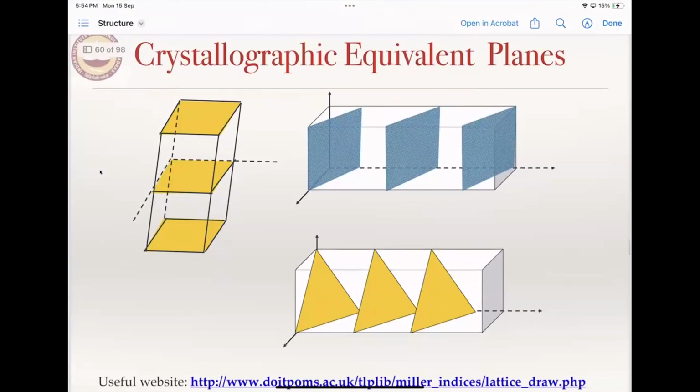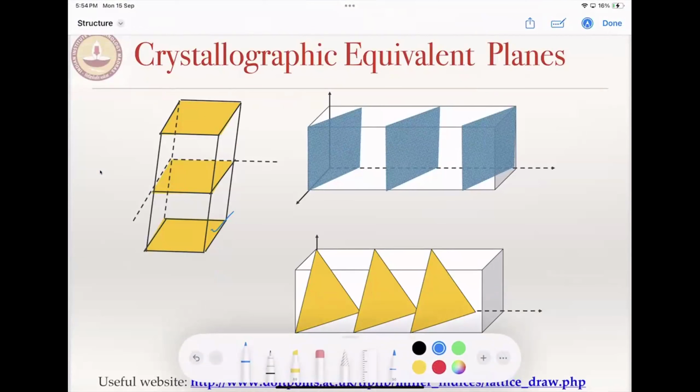Now if you look at this plane, what is its Miller index? 110, and the others. All parallel planes will have the same index. Let us say this is my origin, that is my x, that is my y, that is z.